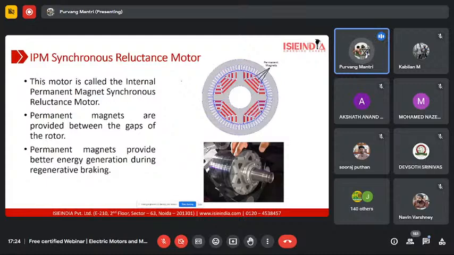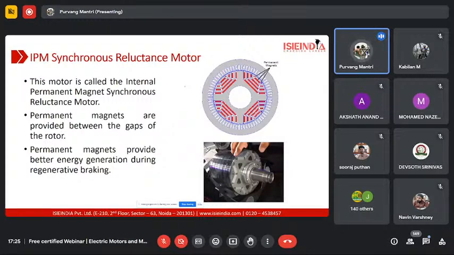If the vehicle is in motion, the rotor will have its own momentum and will be rotating as well. Because of this, the magnets rotate and create a rotating magnetic field, and this rotating magnetic field creates an electrical current in the stator windings when the motor is not supplied with electrical current. So because of the magnets, the synchronous reluctance motor can now act as a generator as well, and can provide good regeneration characteristics.